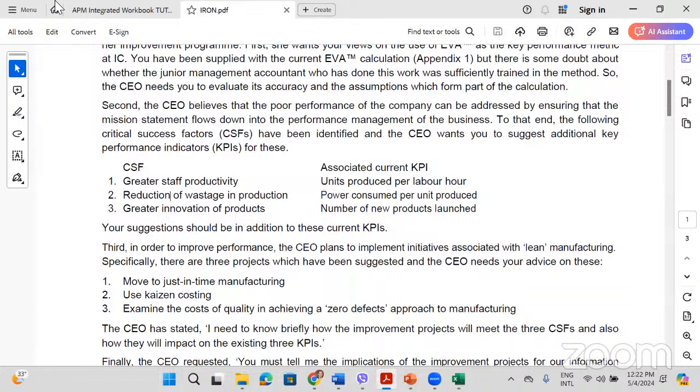Revenue per employee would better reflect different skill levels in production.